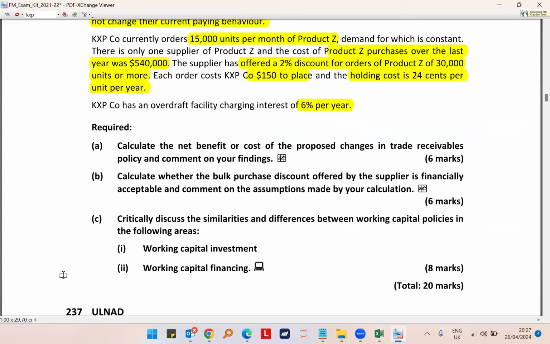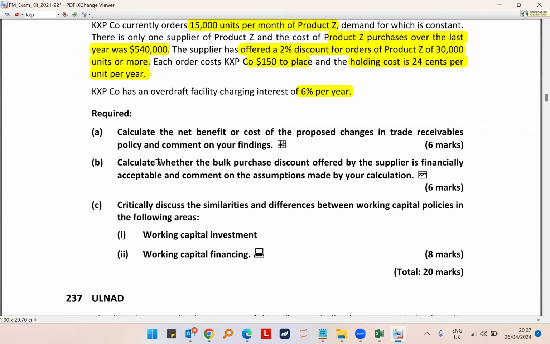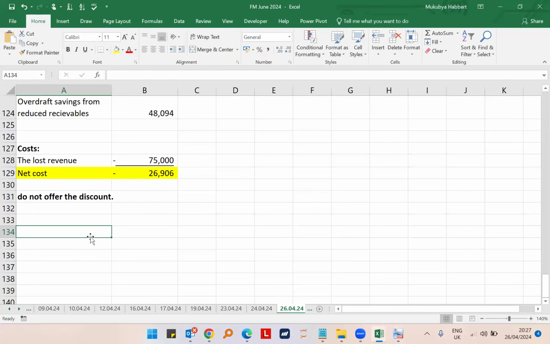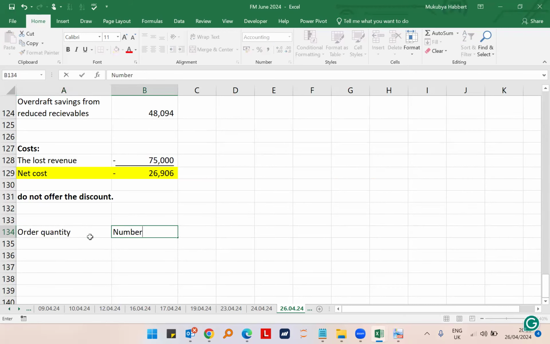Now, the second part says, determine whether the bulk discount offered by the supplier is financially acceptable and comment on the assumptions made in your calculation. So when it comes to that, you need to, first of all, set up your order quantity, number of orders, then you can determine the ordering costs.